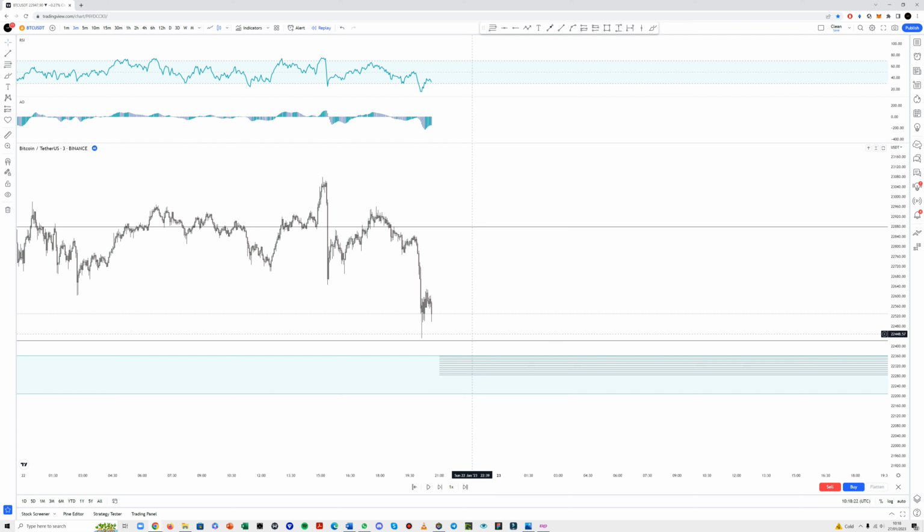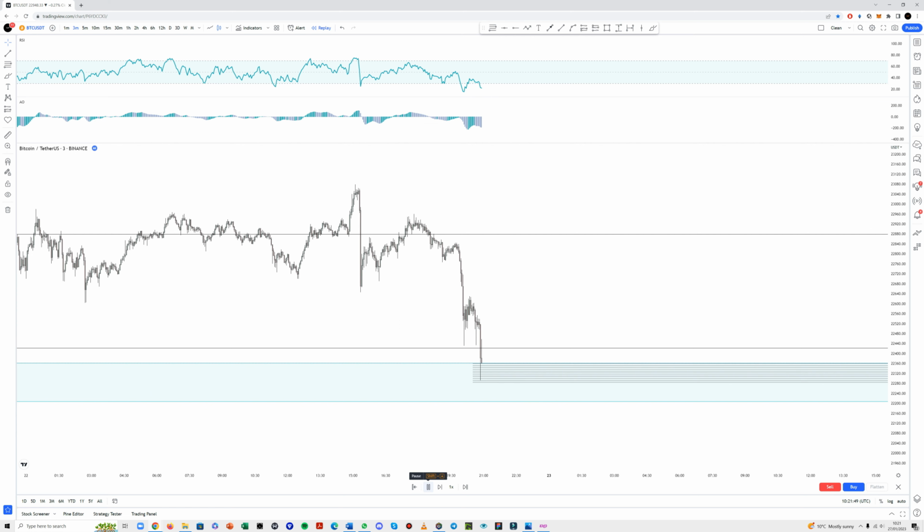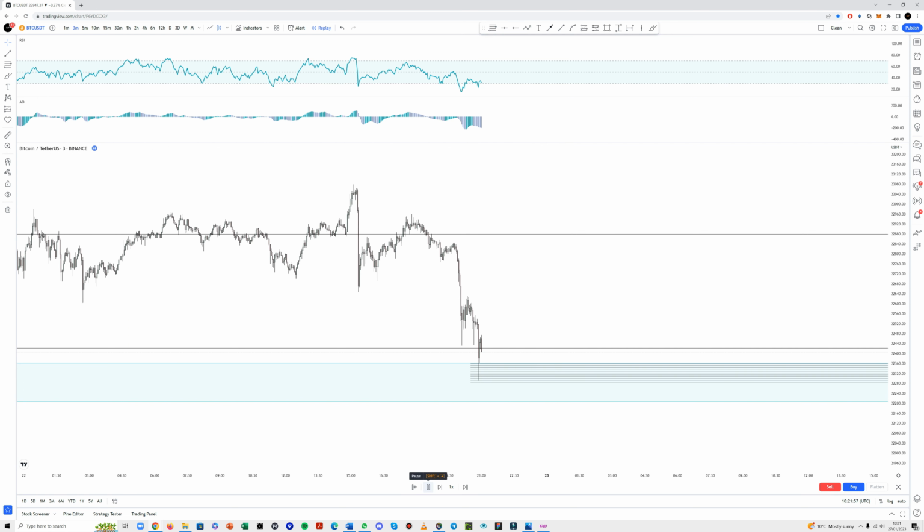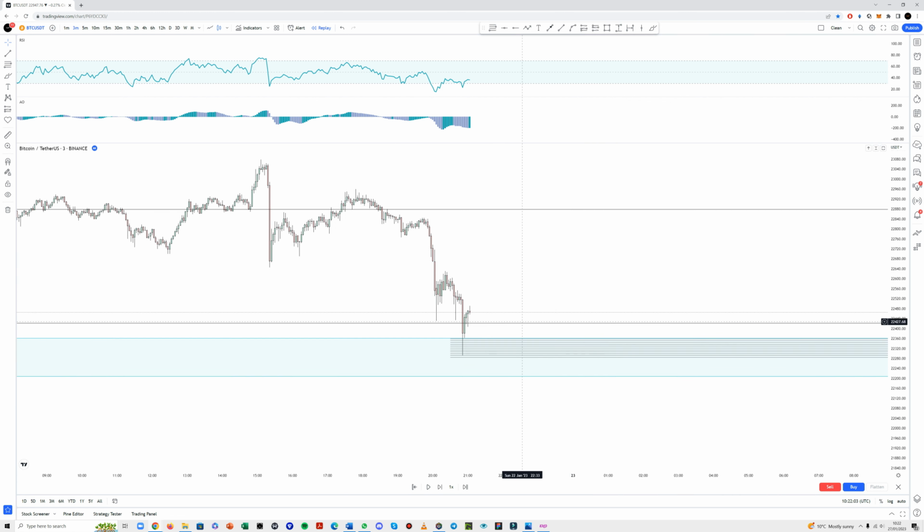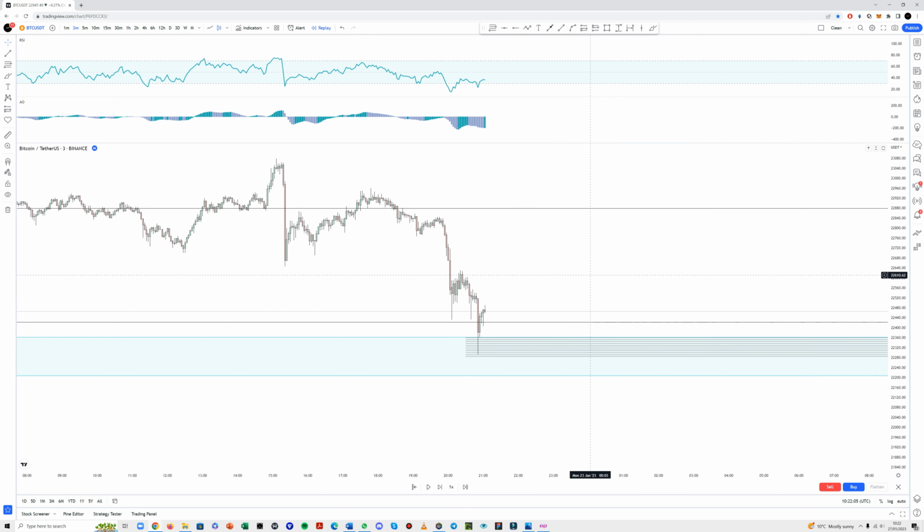Okay, so let's see how this price action developed. So we have our scales in place, our limits, and you can see they got wicked into very nicely here. Okay, we start pushing up a little bit. And I think it was this candle close here, when we get the wick down below and that green pin bar formation, that's where I took my second add to the trade, okay?